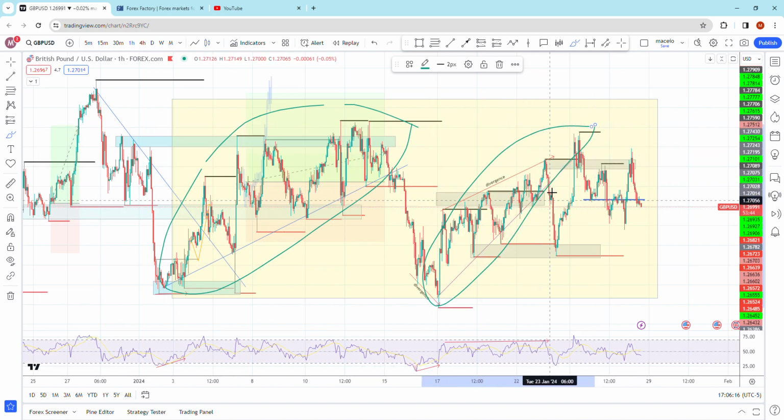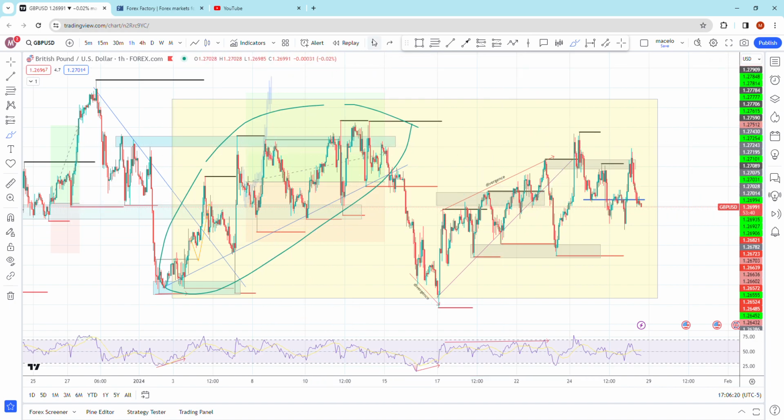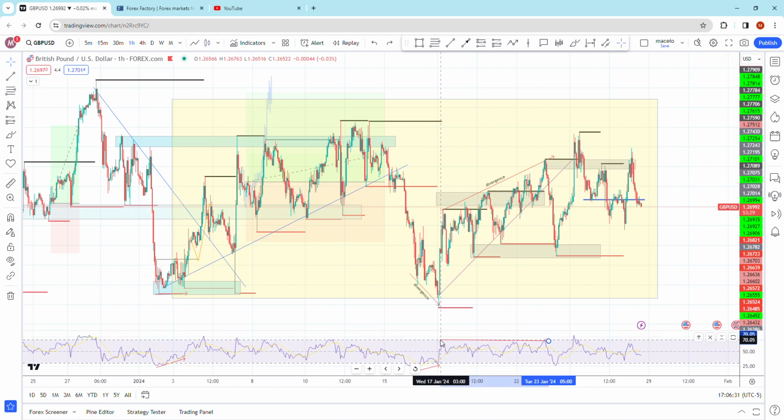line before dropping. With that being said, we also have to take into consideration that we have a slight divergence at this area. There are many ways we could describe divergence.